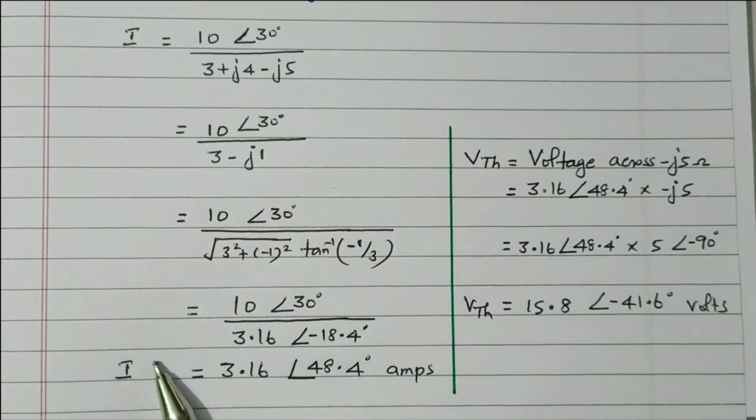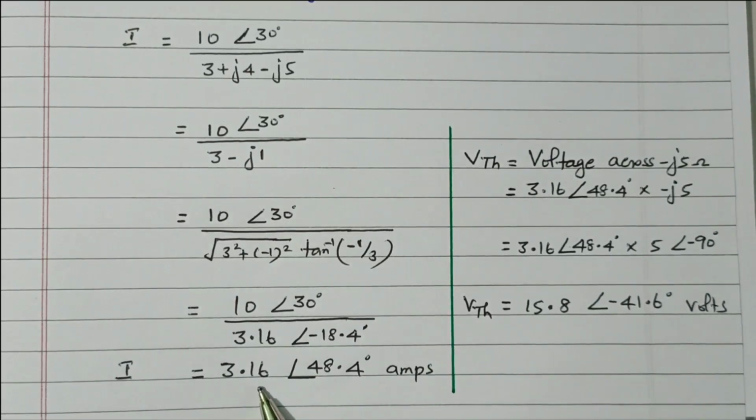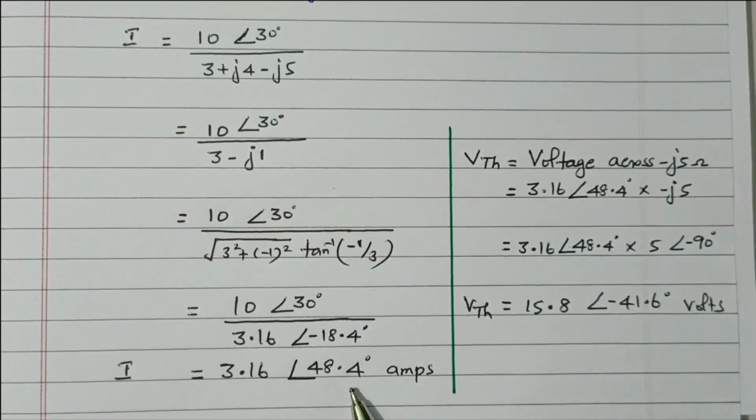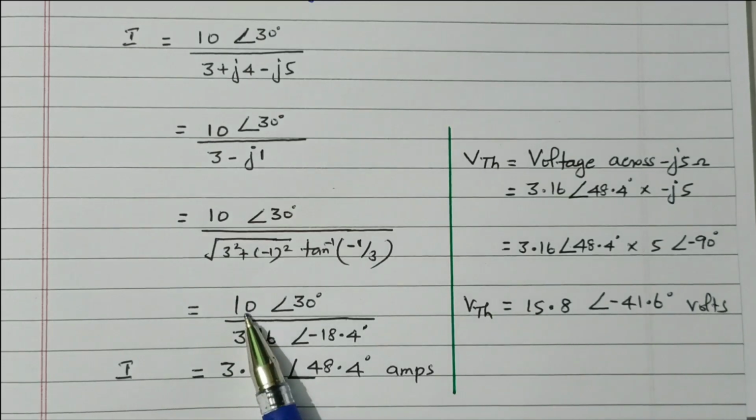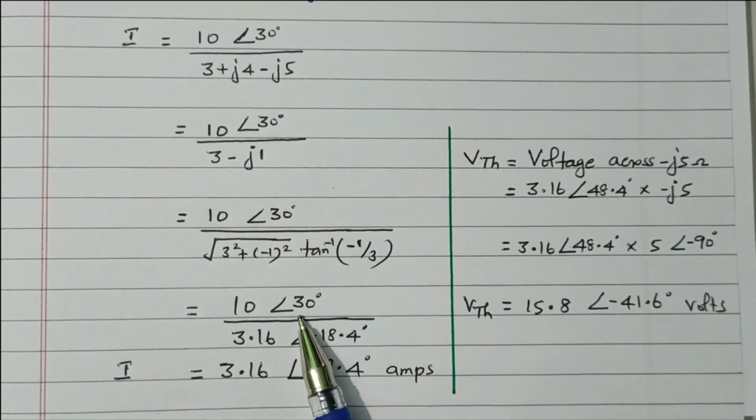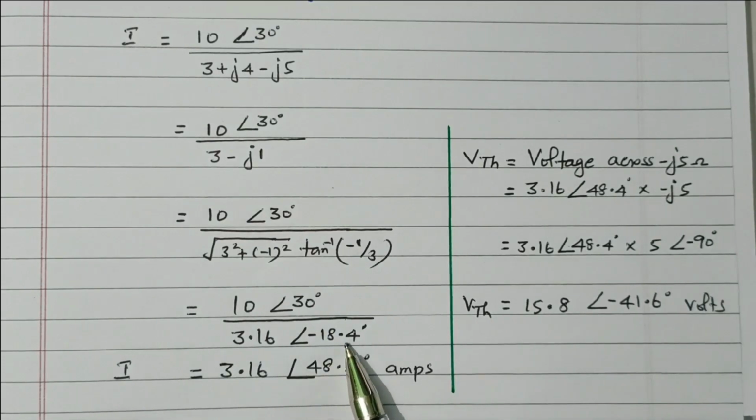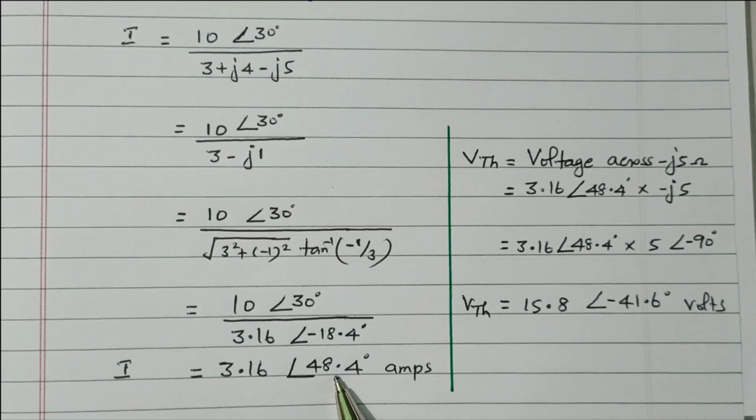The current value is calculated: 3.16 magnitude with an angle 48.4 ampere. Now we have calculated the current value.